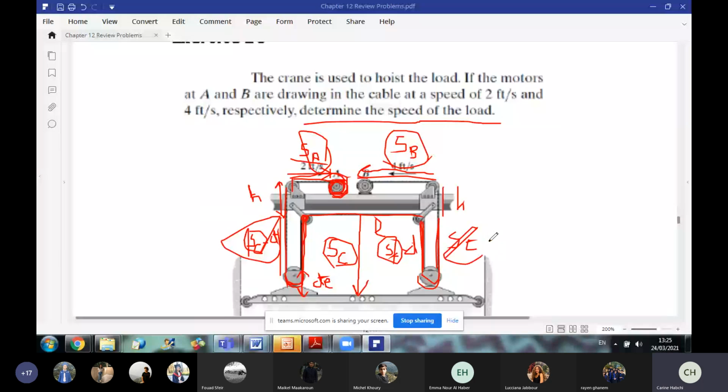So now, if I want to summarize, what is the total length of the chord? It is SA plus SB plus 4 times SC, because SC figured out 4 times in my problem.